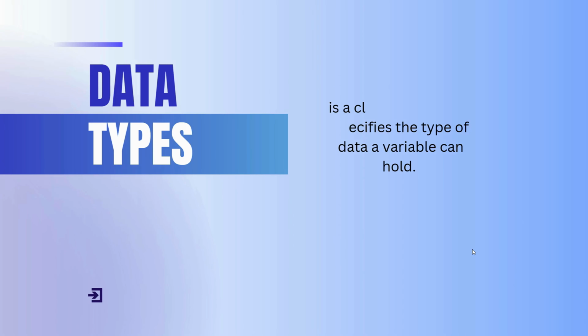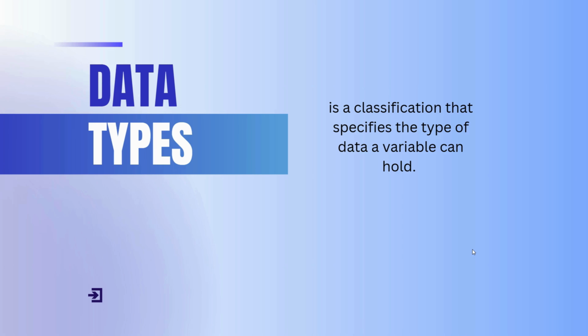And data types: it is a classification that specifies the type of data a variable can hold. As I already mentioned when I first spoke about variables, in a programming language, when we write a variable initialization, we have to give which type it is, because that's required.